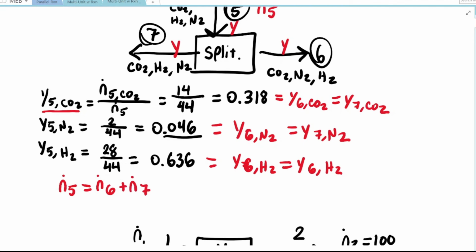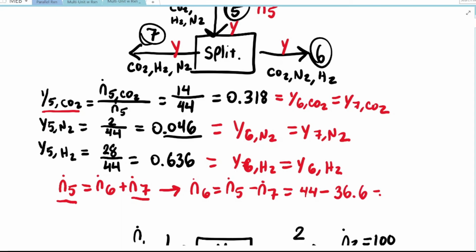We know N5, we know N7, so we can rearrange: N6 dot is equal to N5 dot minus N7 dot. That equals 44 minus 36.6, which gives me 7.4 kilomoles per hour for N6 dot. All right, and now we have all of our flow rates.